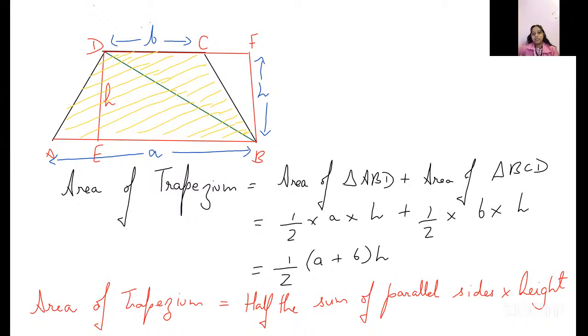This way you will not get confused. Use half the sum of parallel sides into height. The parallel sides are A and B. We add them, half of the sum, and then multiply by height. This is the formula for the area of a trapezium.